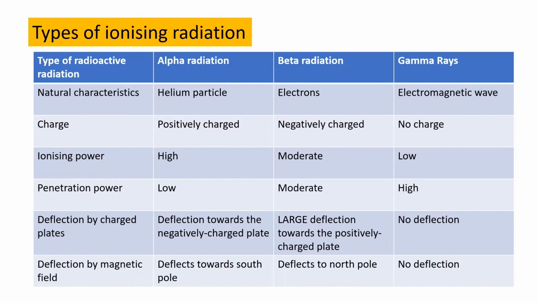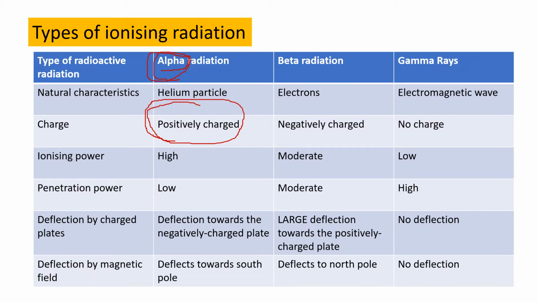So the ionizing power depends on the size of the particles. Alpha radiation has a huge size. Because it is positively charged and it is big, it can attract the electrons away from, let's say, the air more easily to ionize the surroundings.